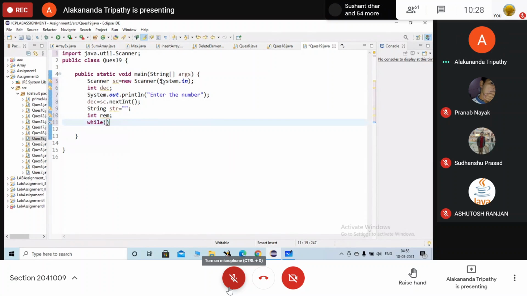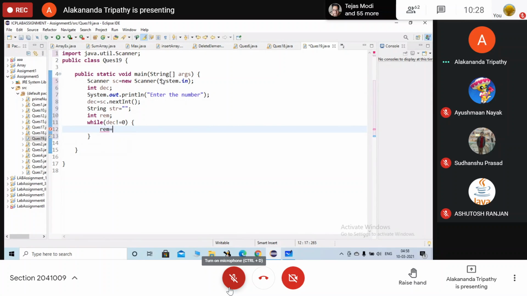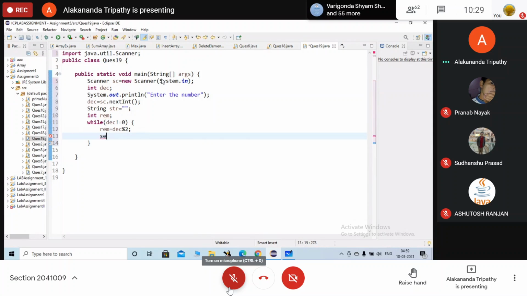While not equals to 0, remainder is equals to remainder plus str.